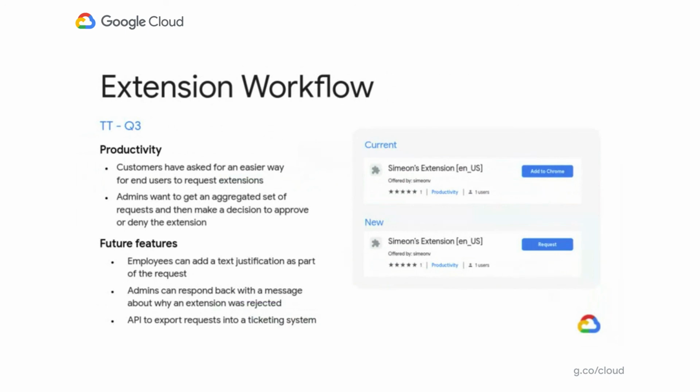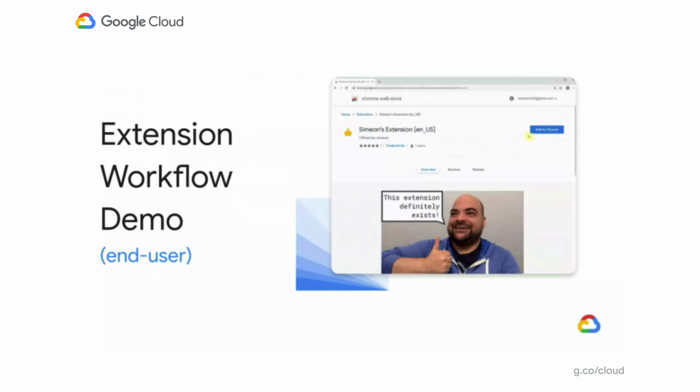So if you're already doing auditing through Chrome Browser Cloud Management, within the same console, you as an administrator will be able to approve or deny that extension based on your own specific security requirements. From an end user perspective, they'll go to the Chrome Web Store, click on it, and it'll say, do you want to request this extension?